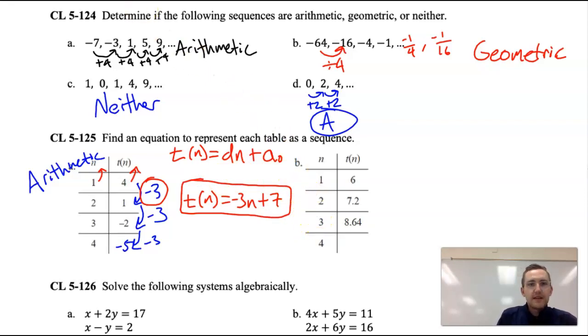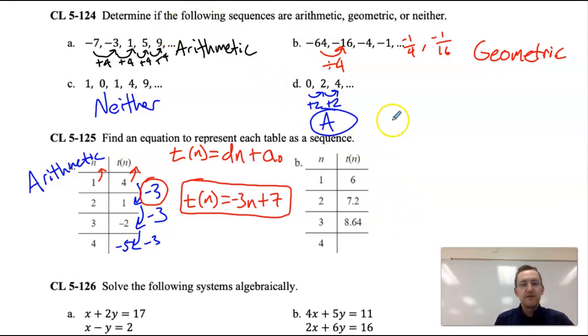So part B, let's take a look at the difference between our terms as we go from 6 to 7.2. We're adding 1.2. If we do the same thing to get from 7.2 to 8.64, we've got 1.44. So obviously not arithmetic because we're not adding the same thing every single time.